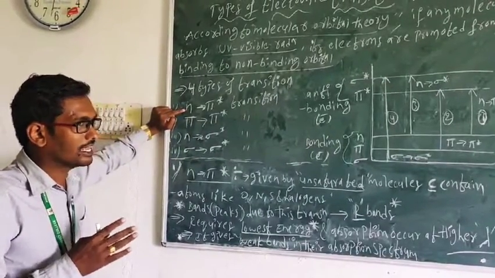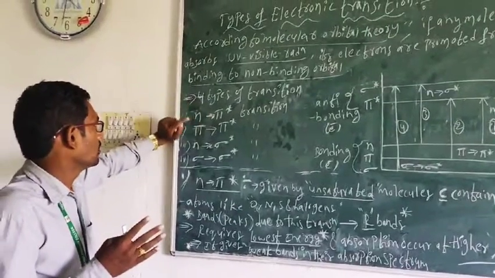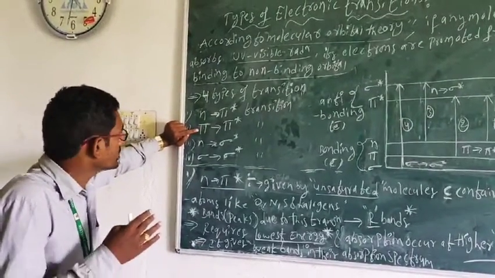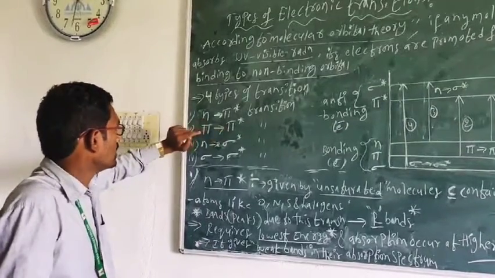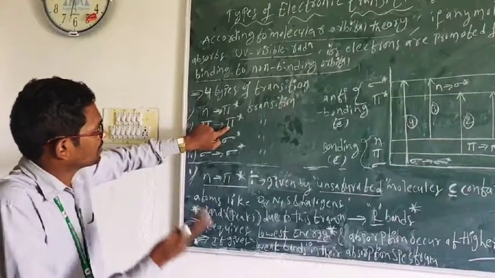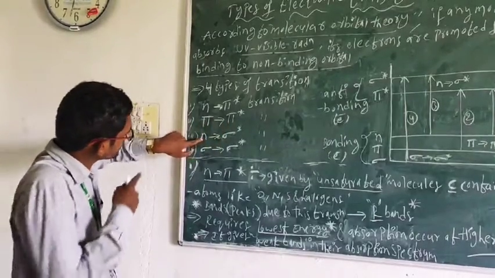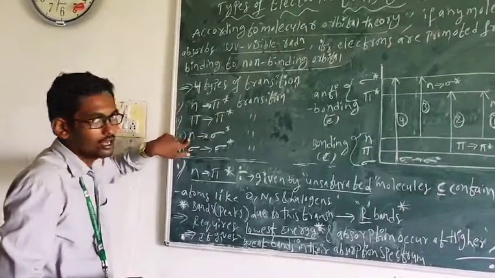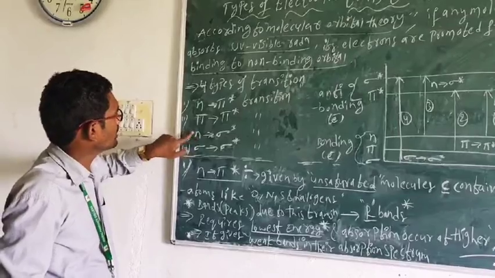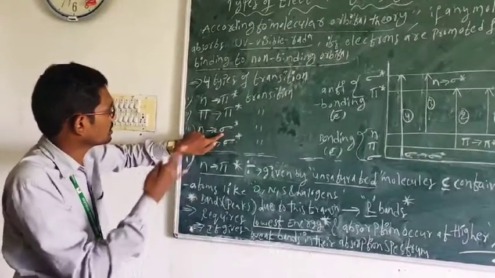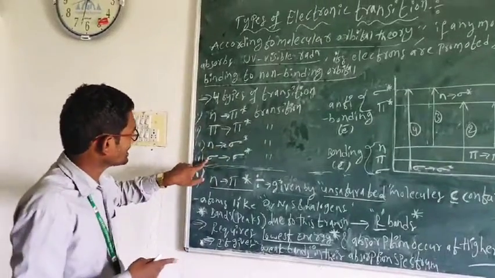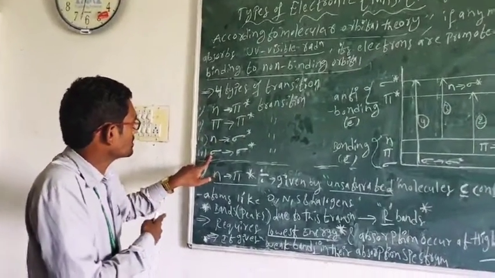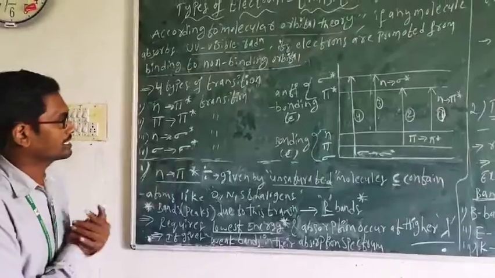These electrons are excited to the pi star. Next, pi electrons absorb UV visible radiation and undergo excitation, moving to the anti-bonding orbital. Then the non-bonding electrons are moving to the sigma star, that is, moving to the excited state, sigma star. Then sigma electrons are involved, and the sigma electron moves to sigma star.